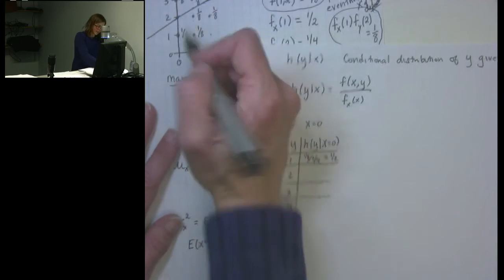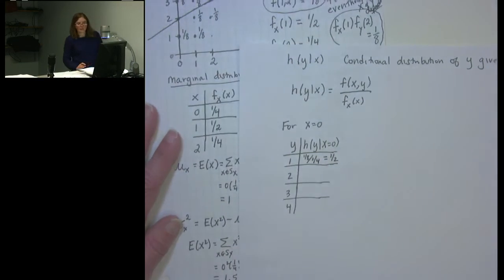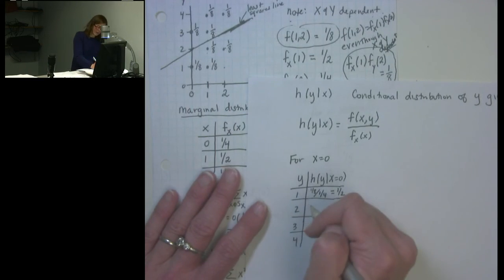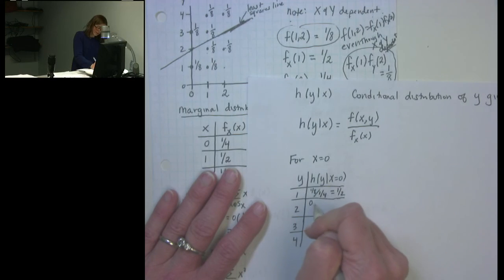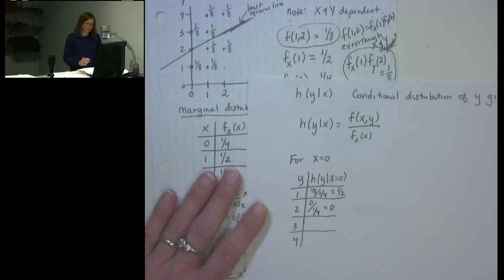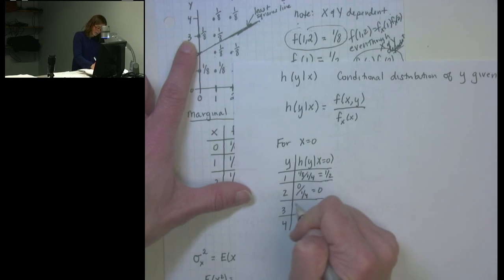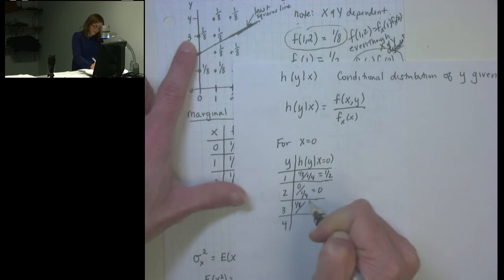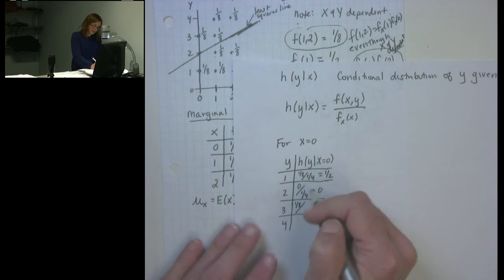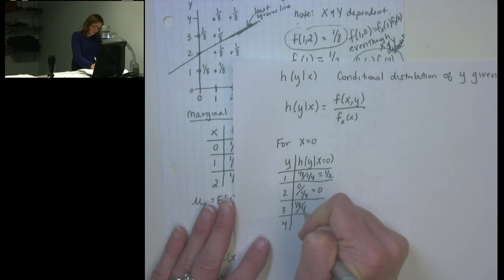For 0 and 2, you can see we've got a joint of 0, divided by 1/4 gives us 0. 0, 3, we have 1/8 divided by the marginal probability that x is equal to 0, which is 1/4, gives us 1/2.